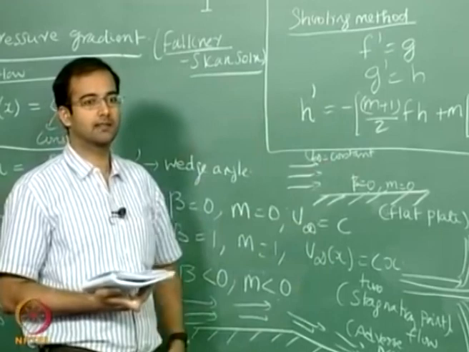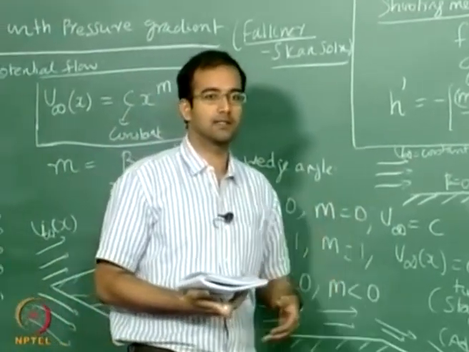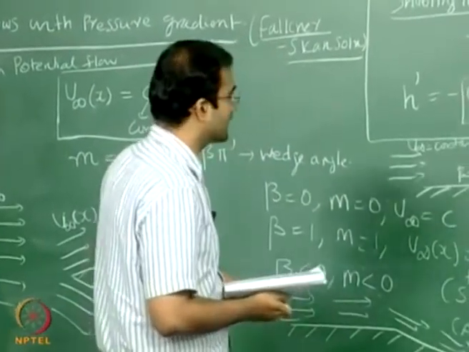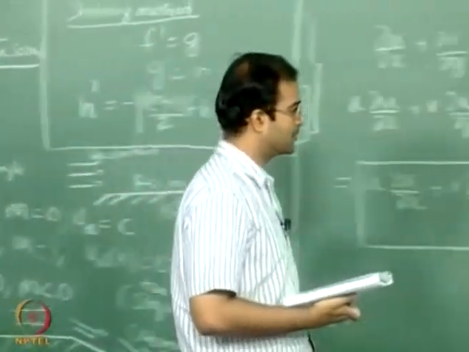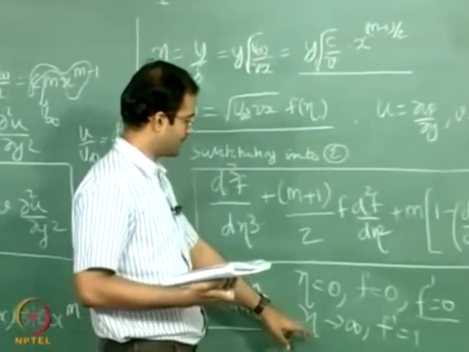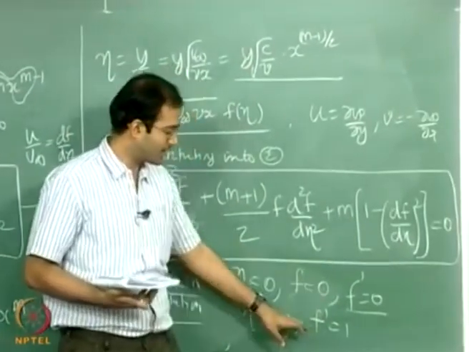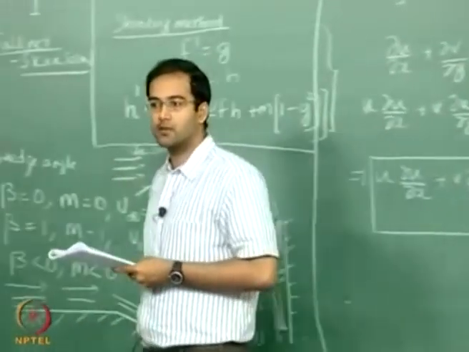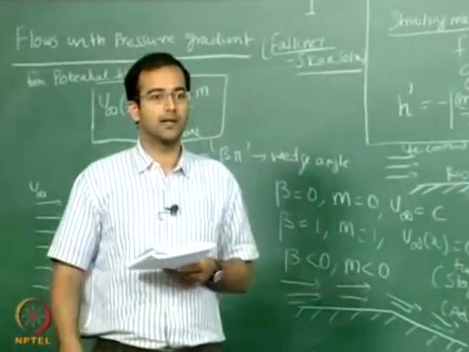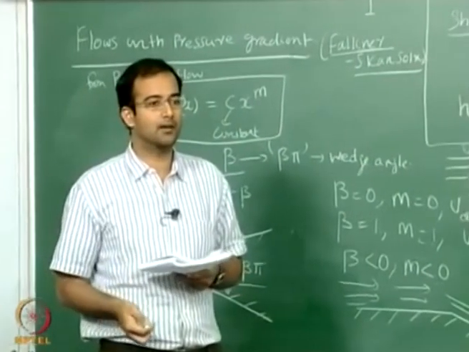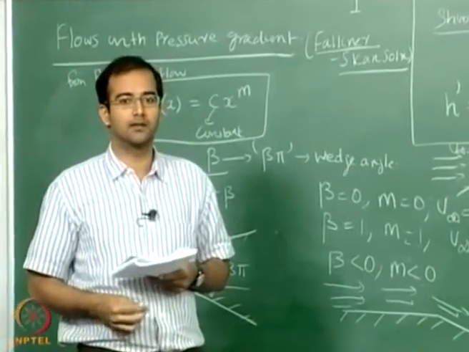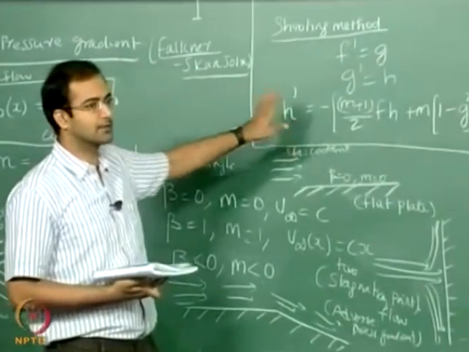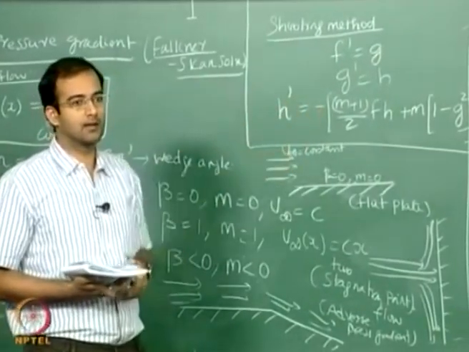You guess, and by Newton's method successively reach a better guess, and then check the condition that at eta equal to a large value, 8 or 10, your f prime, which is nothing but your G, should be equal to 1. So that condition has to be satisfied. Till then you keep on iterating by Newton's method, keep guessing better values.